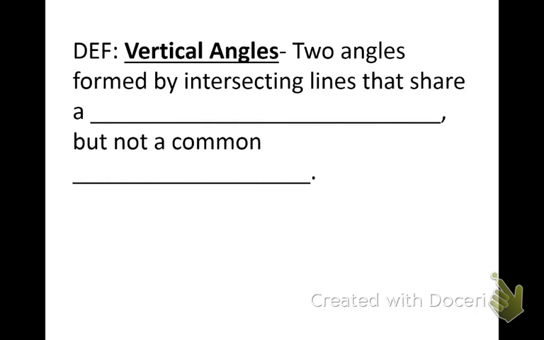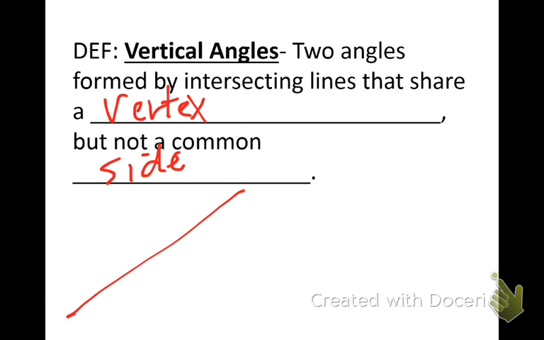Vertical angles: 2 angles formed by intersecting lines that share a vertex but not a common side. A picture of that would be, you can write that down below in your notes.